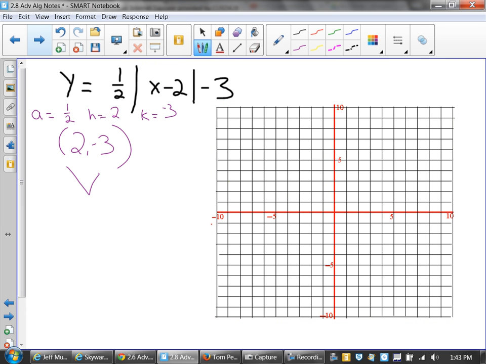And remember, the value of A in absolute value is playing the role of slope. So what's your slope? Up 1 over 2. And then do the same thing on the other side.